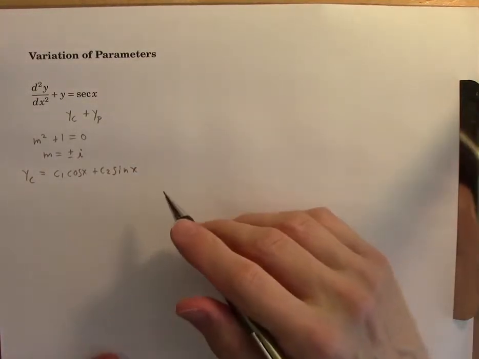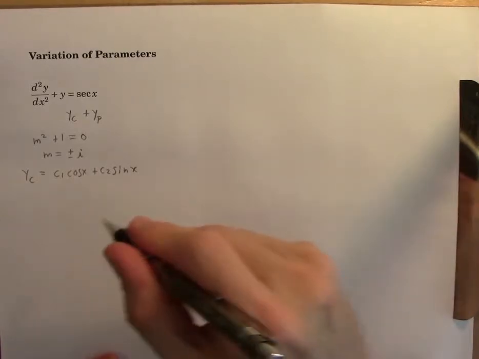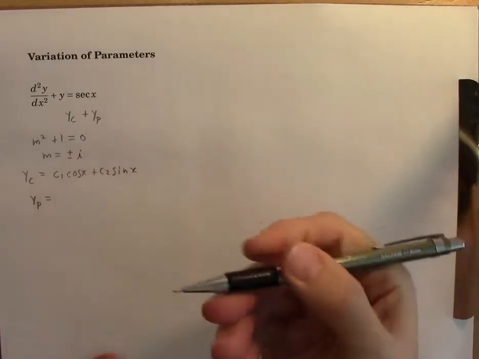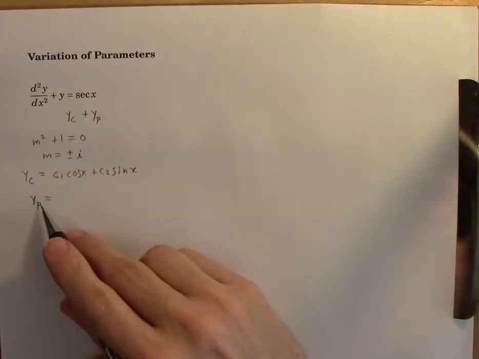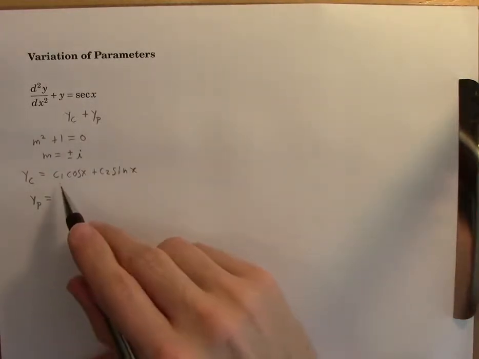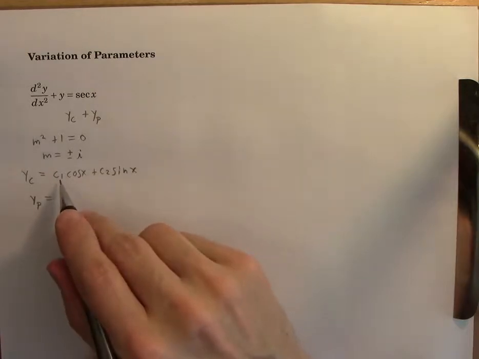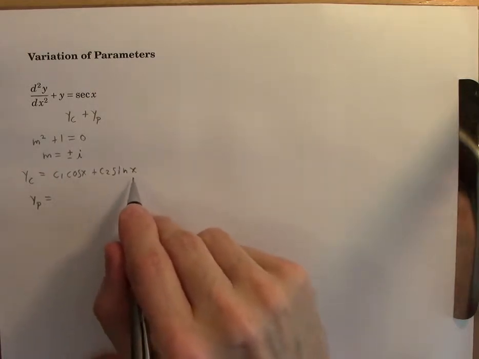Now the approach that we're looking at today in this video will generate our particular solution by patterning that after the complementary solution. So the complementary solution is c1 cosine x plus c2 sine x.